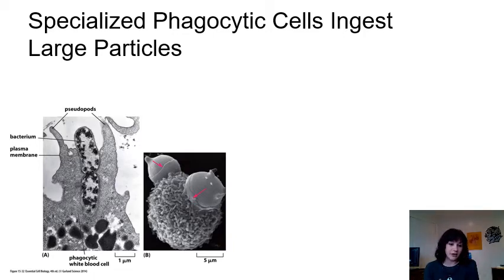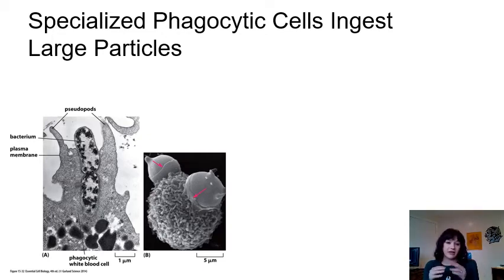On the left figure, we have an example of a white blood cell. White blood cells are immune cells. They go around and they hunt down bacteria. And here we have an example of a white blood cell phagocytizing a bacterium, right? What it does is it shoves out extensions of its plasma membrane called pseudopods to surround that bacteria.